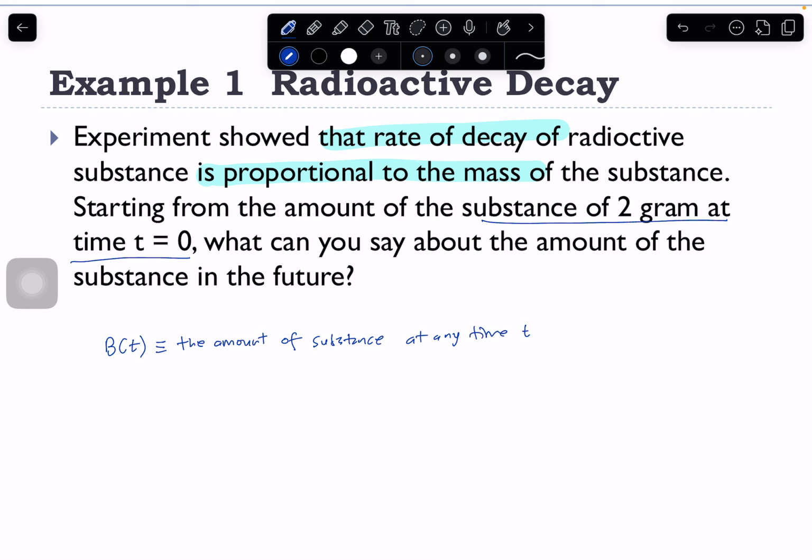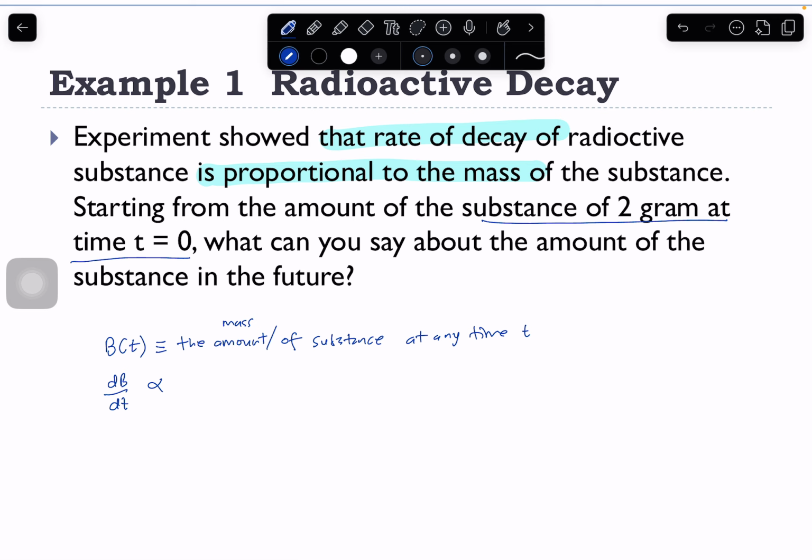Next, the first paragraph says that the rate of decay of the substance, the rate of change of B, is proportional to the mass. What is the mass? This is the amount, so the mass is the same as the amount of substance.